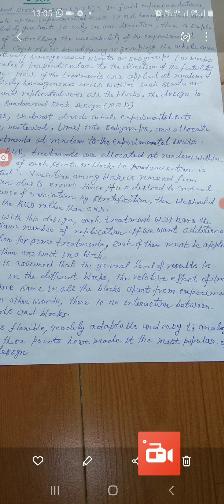Variation among blocks is removed from variation due to error.